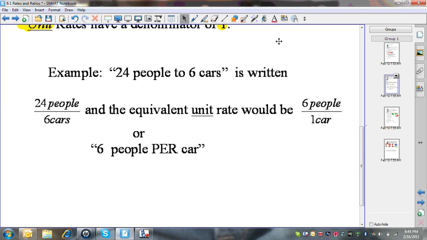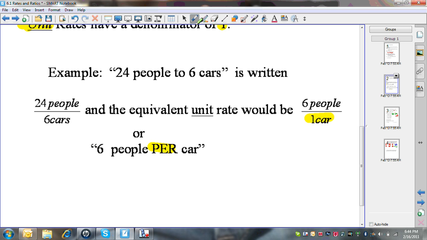And we can talk about that rate as a unit rate when we make the denominator 1. So the question would become, if 24 people fit in 6 cars, how many people fit in 1 car? Here is our denominator of 1. And when we find that out, we can say our answer is 6 people per car.